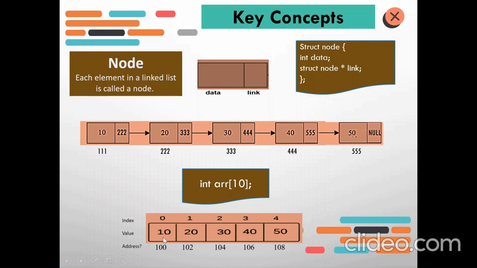So here I have shown some hypothetical addresses, like if the first element of this array is stored at 100, the next element would be stored at 102, next at 104, and so on. Here I have stored those elements 2 bytes apart because the array has been declared as integer, right?